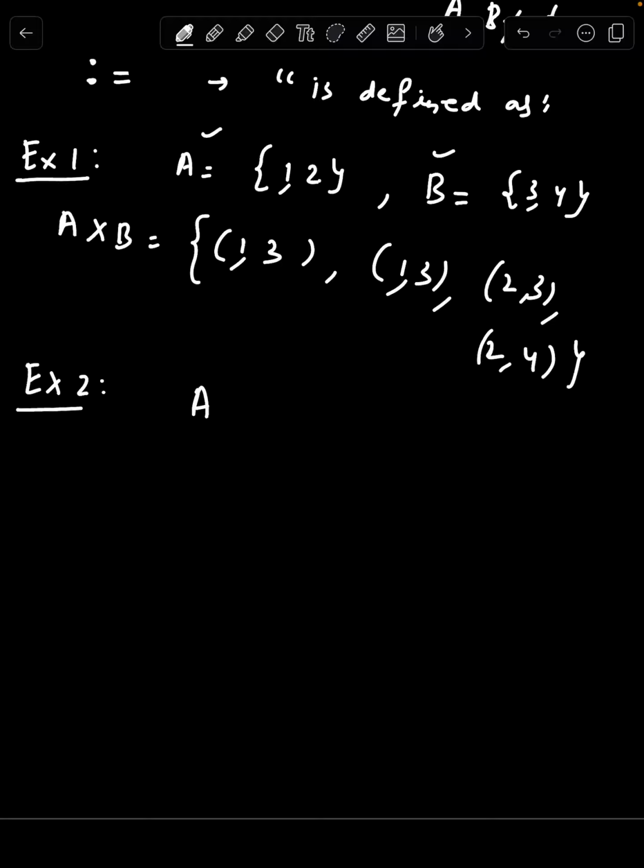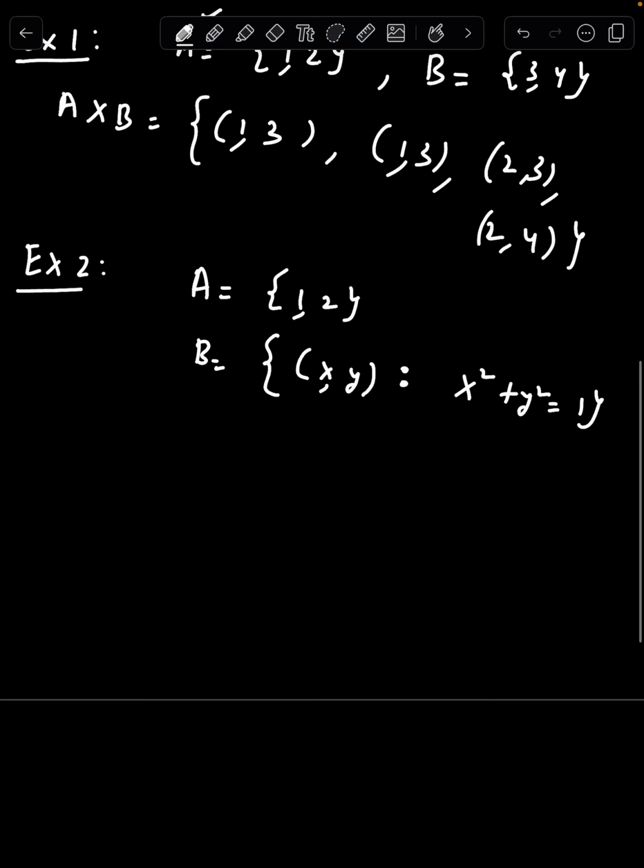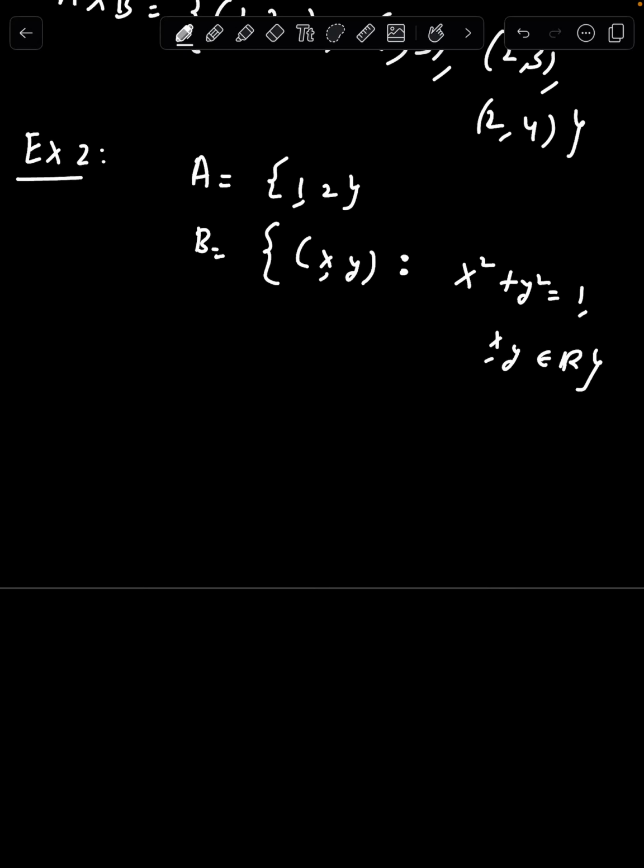Suppose A equals {1, 2} and B equals the set of all (x, y) such that x squared plus y squared equals 1, and x, y are real numbers. So what does B represent?